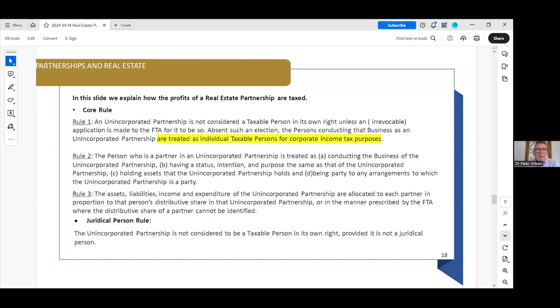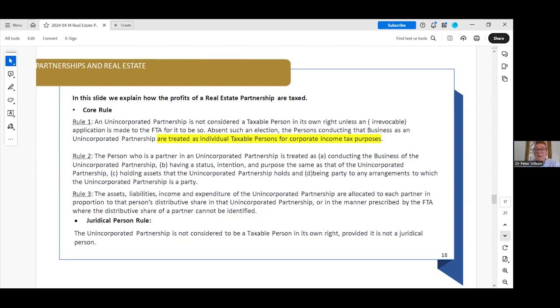So one of the most important provisions to think about is if you've got a number of individuals, are they better off transacting their real estate transactions in a company, or should they be transacting their real estate business transactions in an unincorporated partnership?